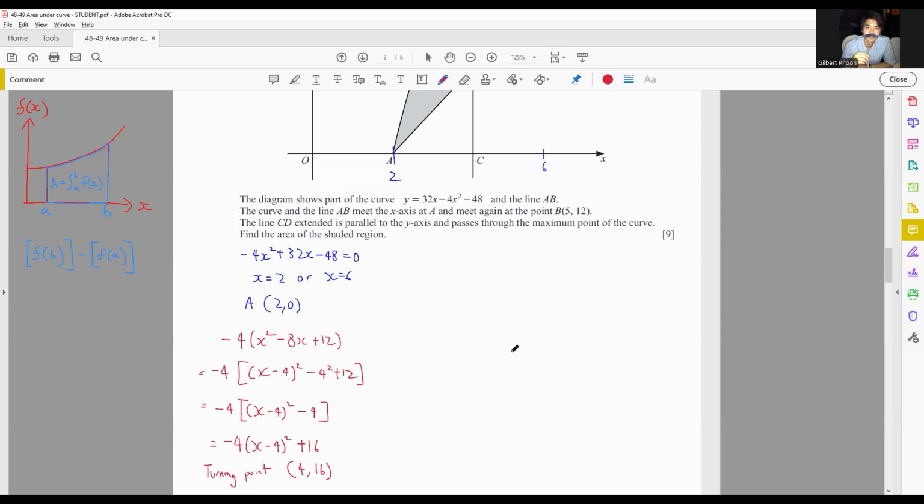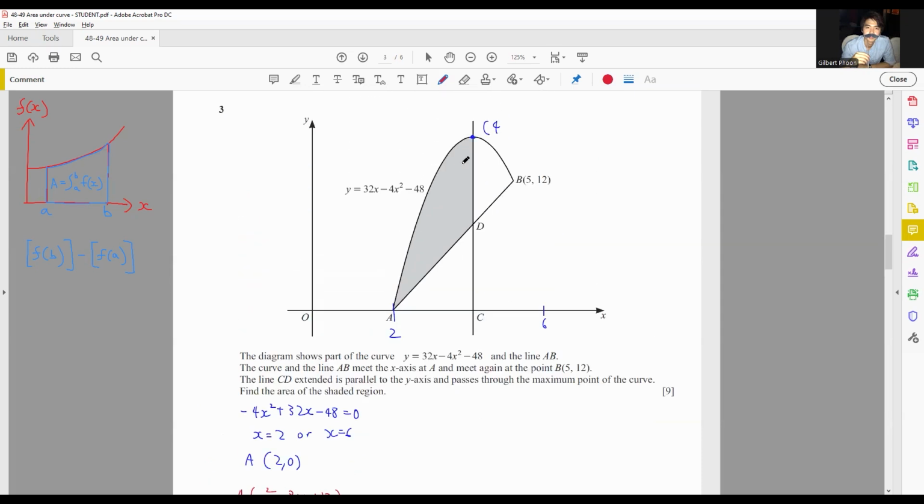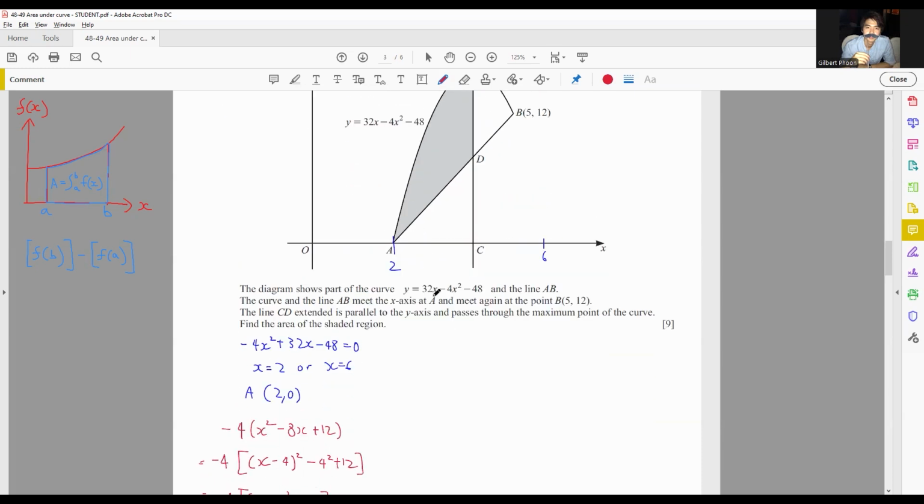Right? Okay, then the next thing is we're going to integrate the curve here and find the total area under the curve. So we just have to integrate this equation, and we now know that it's between 2 and 4, yeah?